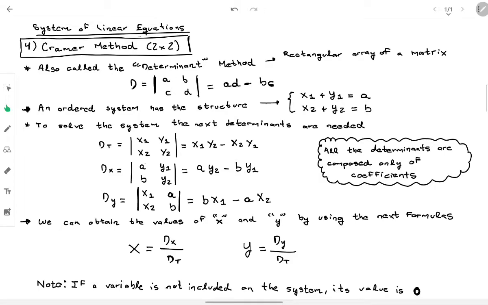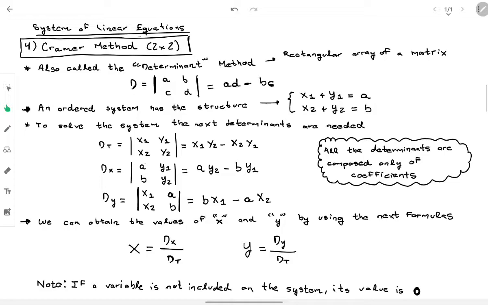To obtain the determinant, we need to use a cross multiplication: ad positive minus bc negative. So it's going to be very easy. The determinant will always be obtained like a cross multiplication, ad positive minus bc negative.